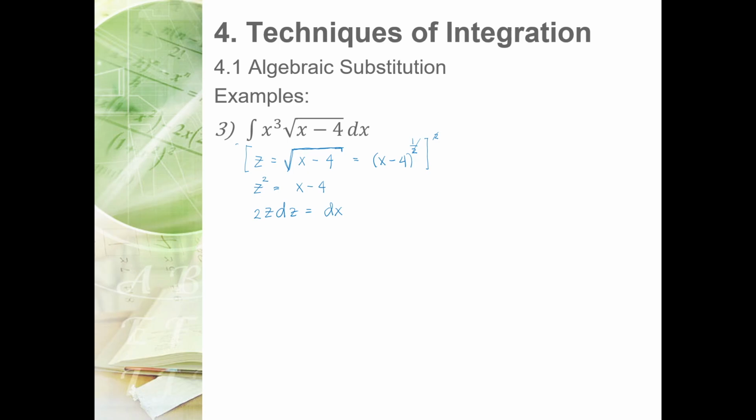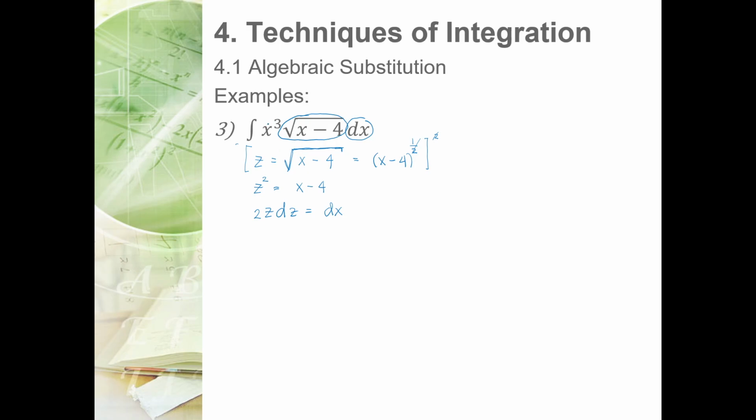Okay, so let's proceed to the next step. Again, what we declared earlier: dx can be replaced because we have 2z dz. The square root of x minus 4 can be replaced by the z parameter.